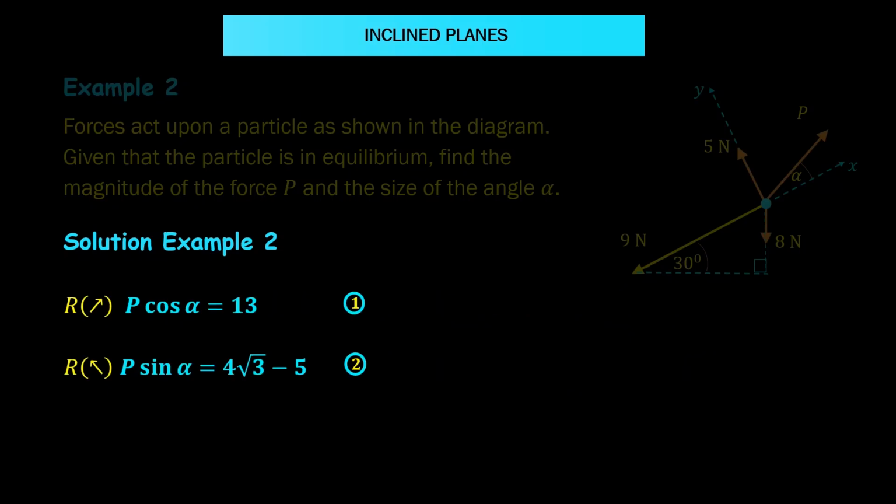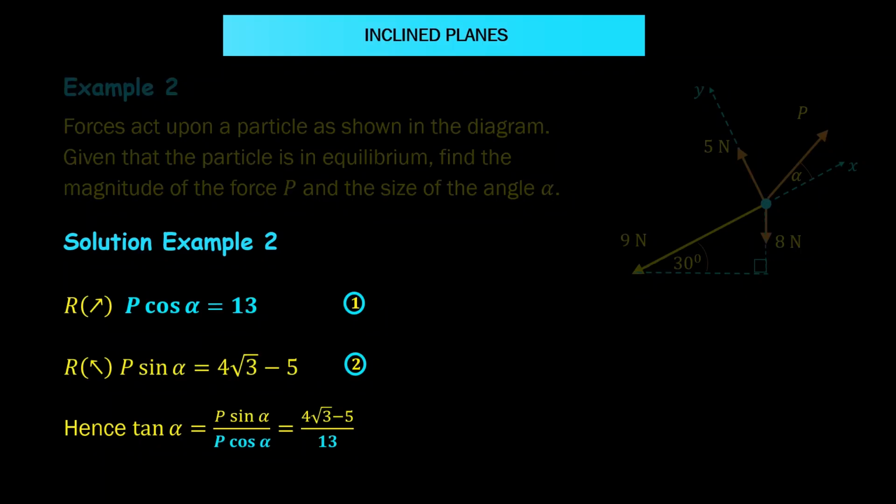So let's label each of these equations as shown and divide P sine alpha by P cos alpha. So here's P sine alpha and here's P cos alpha.